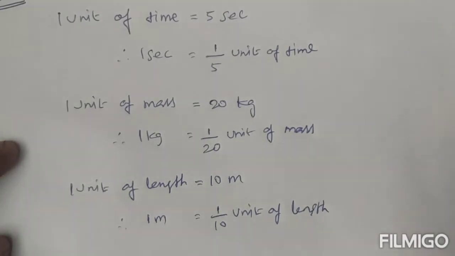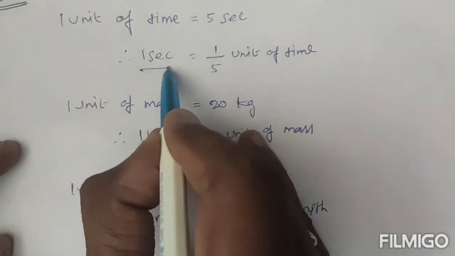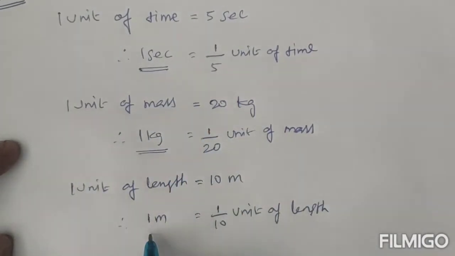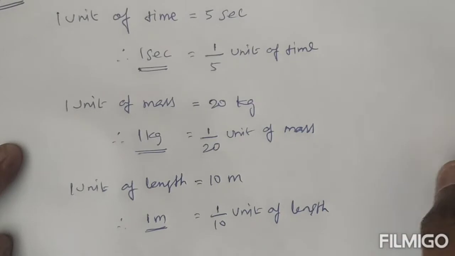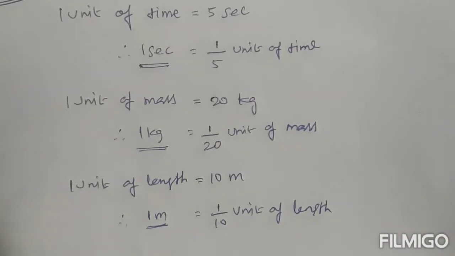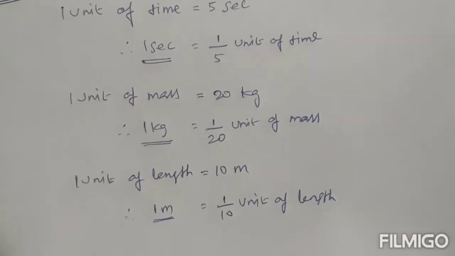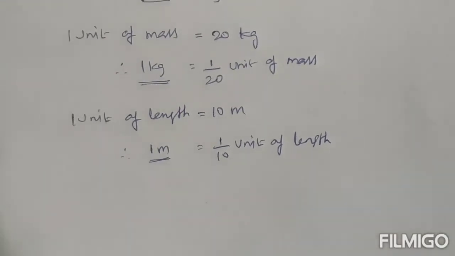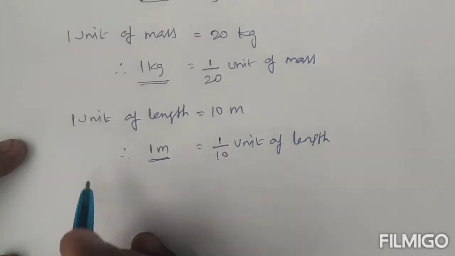Now you know what about 1 second, 1 kilogram, and 1 meter. They gave the unit about time, mass and length, but now they are asking what about 1 unit of power. That is the question.